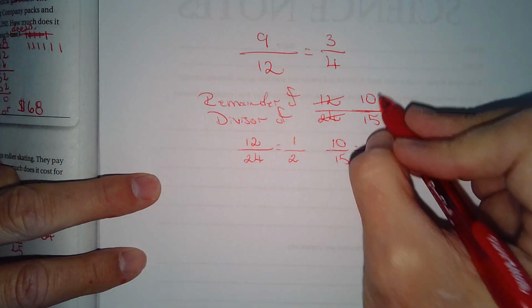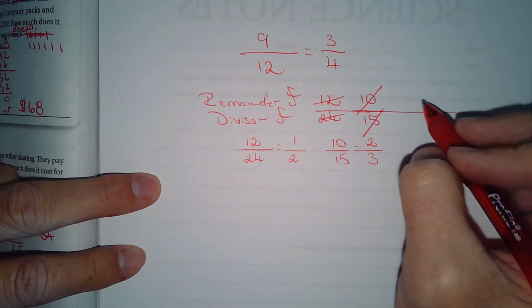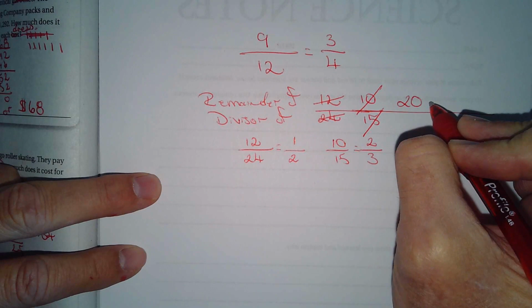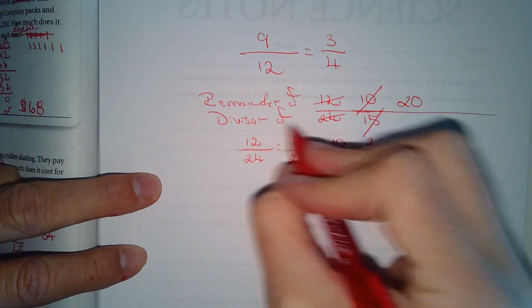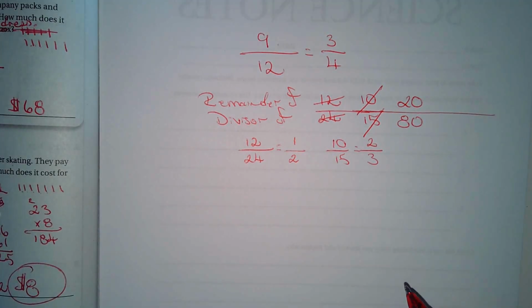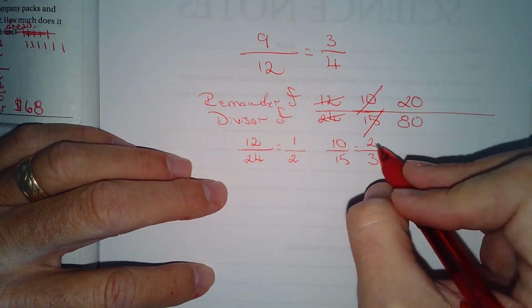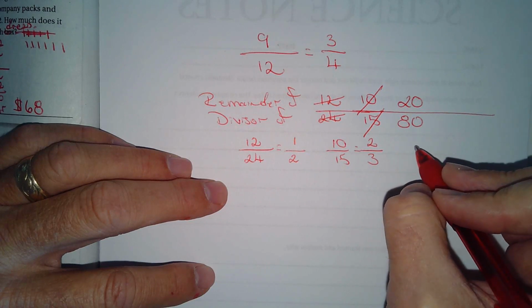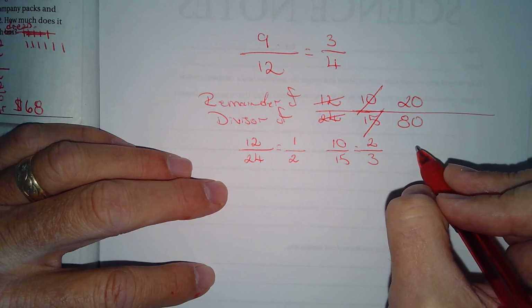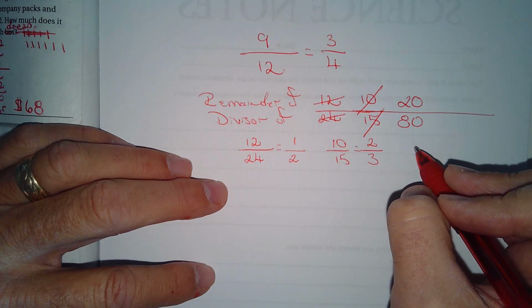What if I had a remainder of 20, and what I was dividing by was 80. Miss Nealons, what fraction would that become? How would I originally write it? Just do the initial fraction.